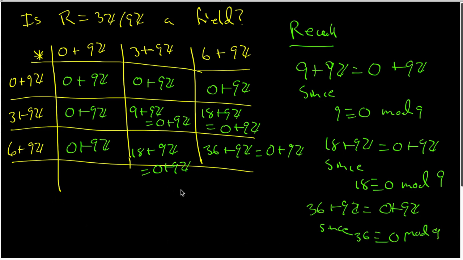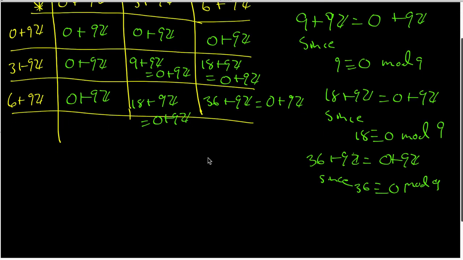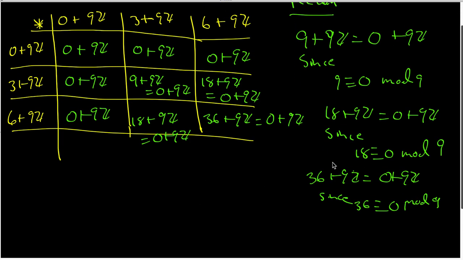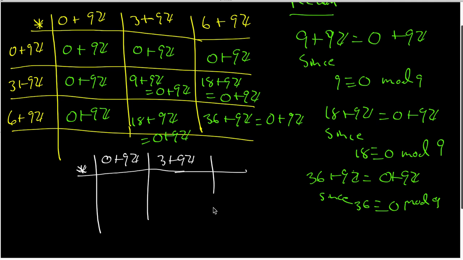So what this means is that this particular multiplication table, when we stare at it, boils down to this table. We have 0 plus 9z, 3 plus 9z, and 6 plus 9z. And same thing for the rows.